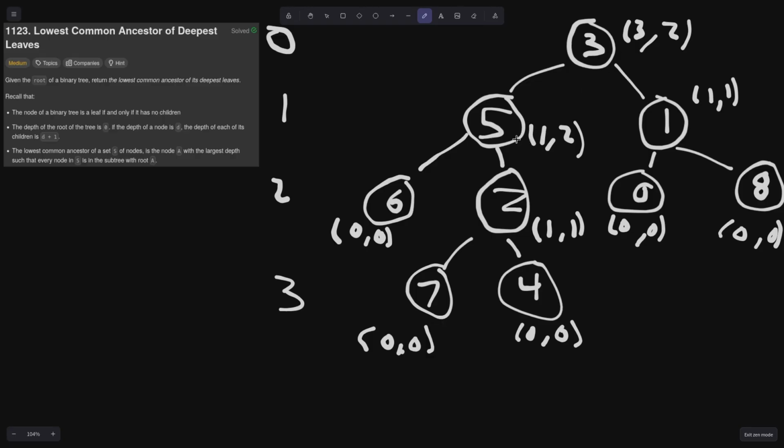We can come down the tree this way a few times and see that the lowest common ancestor should always have an equal depth for the deepest leaves. That's kind of strange to explain, but because these are unequal, there's an inefficiency somewhere in the tree, and it cannot be this.